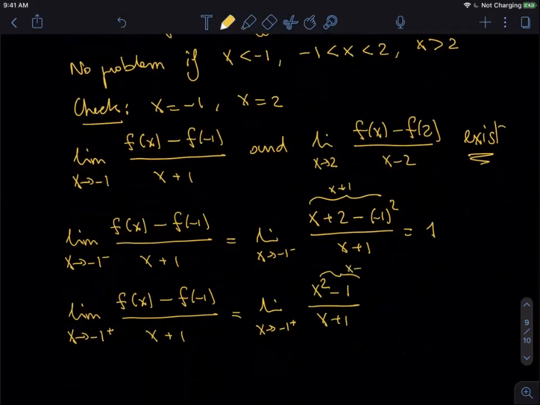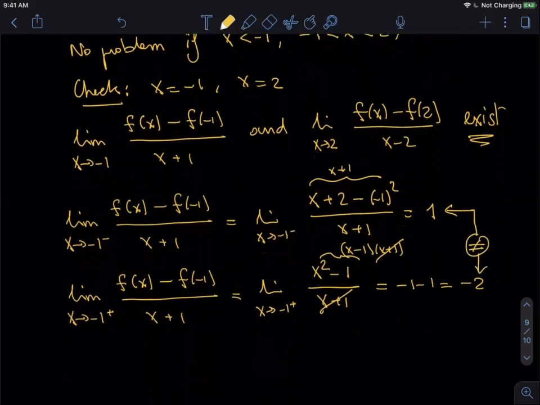So this is x minus 1 times x plus 1. So there's a cancellation. And we get -1 minus 1, that makes -2. So they are different.